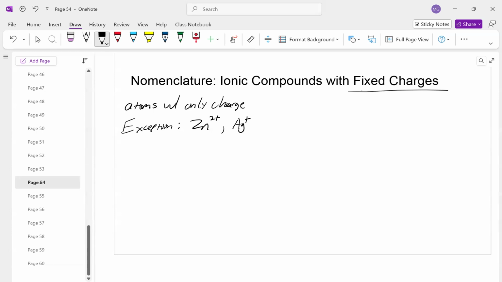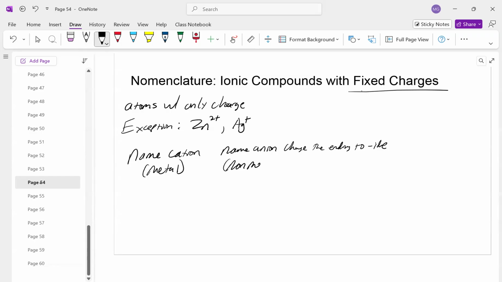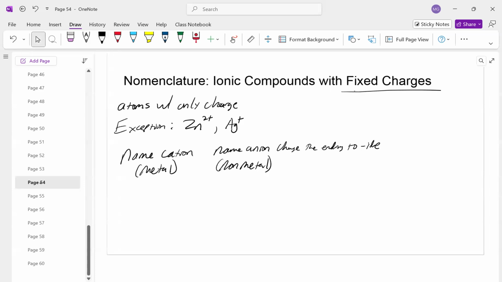The way that we name an ionic compound in this manner is we're going to name the cation, which comes from the metal, and then name the anion, but we're going to change the ending to IDE. And again, the anion comes from the non-metal. So what do I mean by change the ending?